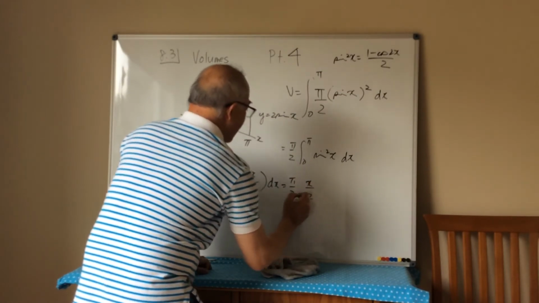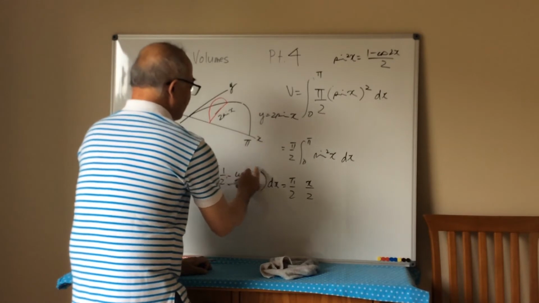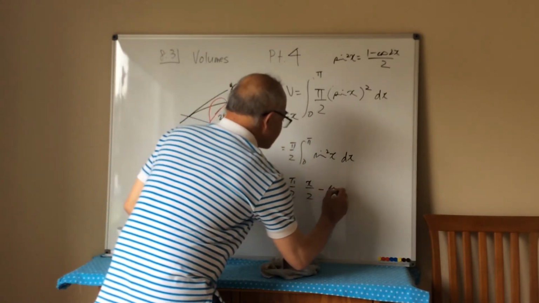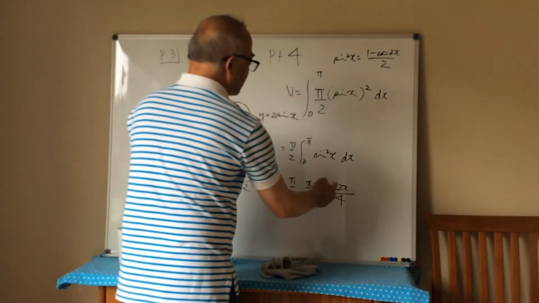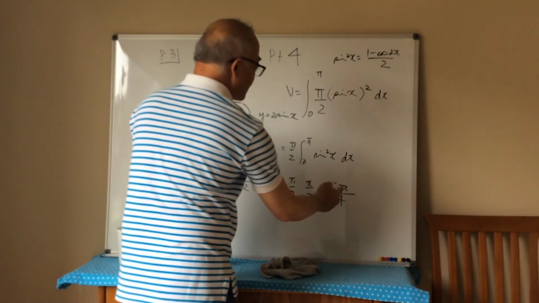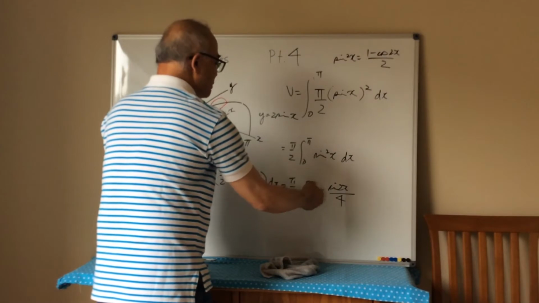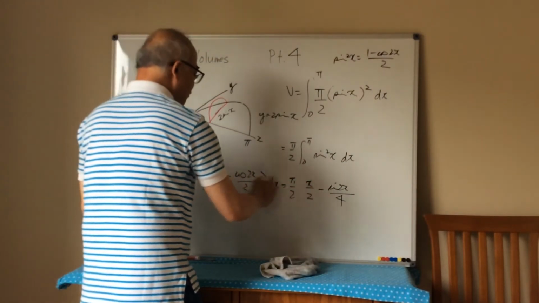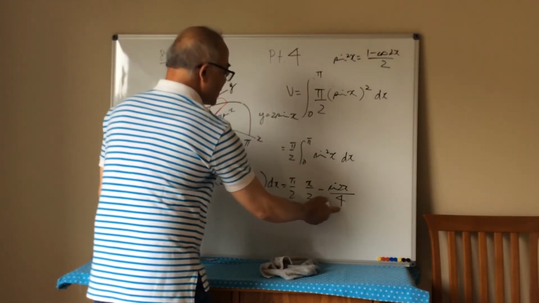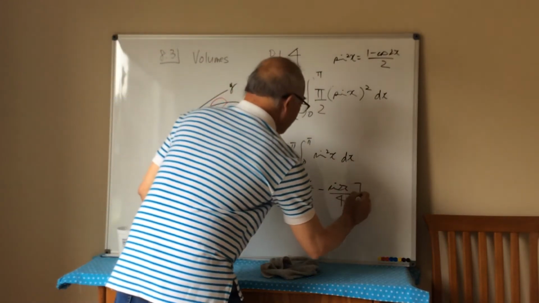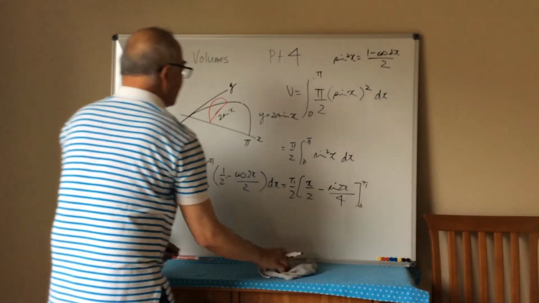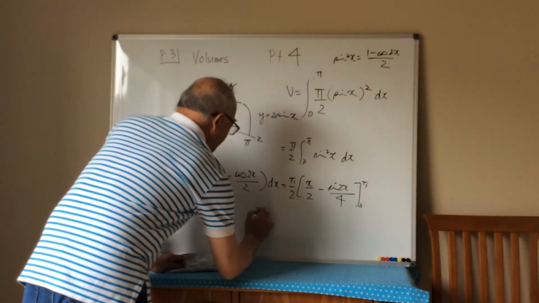So the first one is simple. The antiderivative is that. What's the antiderivative of this? It would be negative sine 2x over 4, because if I take the derivative of this, I get cosine 2x. Then I have to do the chain rule. The 2 comes out, so in order to account for that 2, I have to divide by 2. That's why it becomes 4. And we go from 0 to pi over 2.